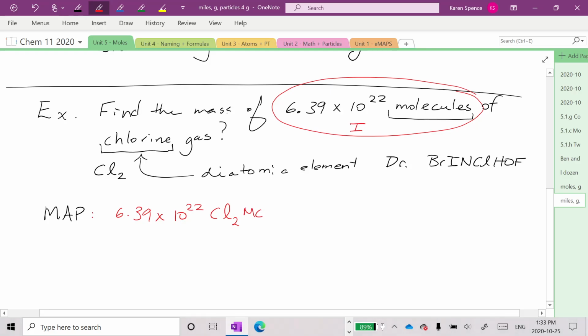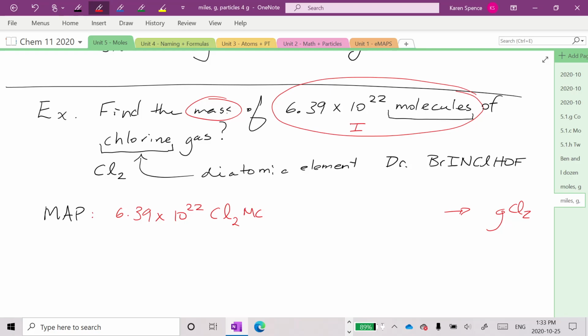Where do we want to finish? We want to finish with the mass. So let's find the grams of Cl2. Can I go directly from molecules to grams? No, I can't because I don't know how much a molecule of chlorine weighs in grams.